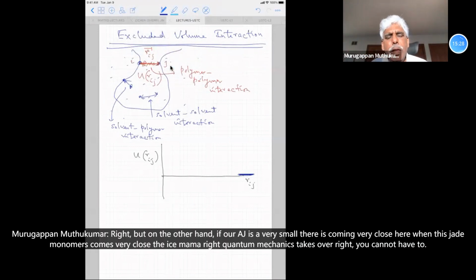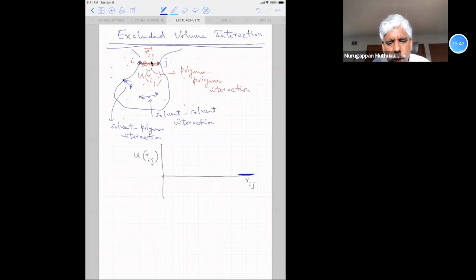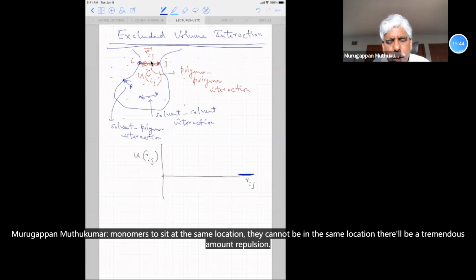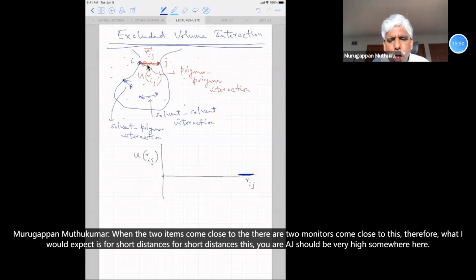But on the other hand, if Rij is very small, that is, when this jth monomer comes very close to ith monomer, quantum mechanics takes over. You cannot have two monomers sit at the same location. There will be a tremendous amount of repulsion when the two atoms or two monomers come close together.